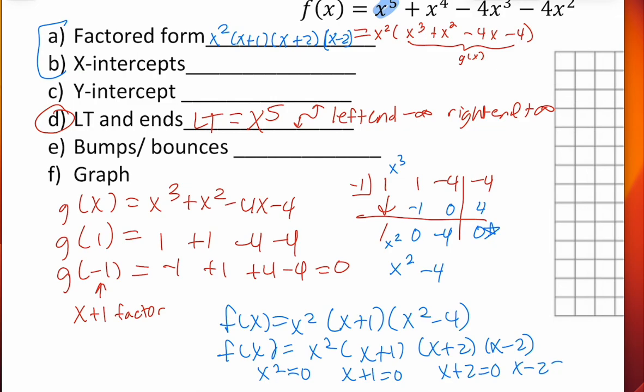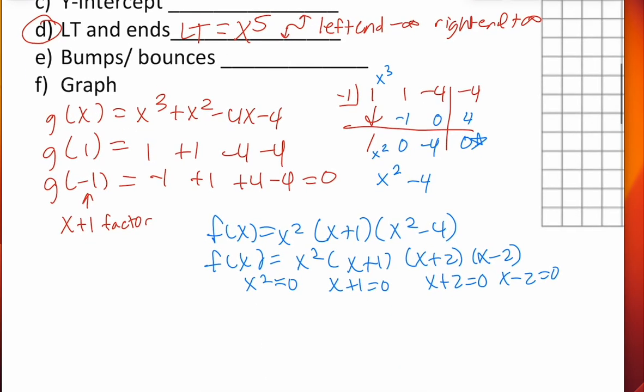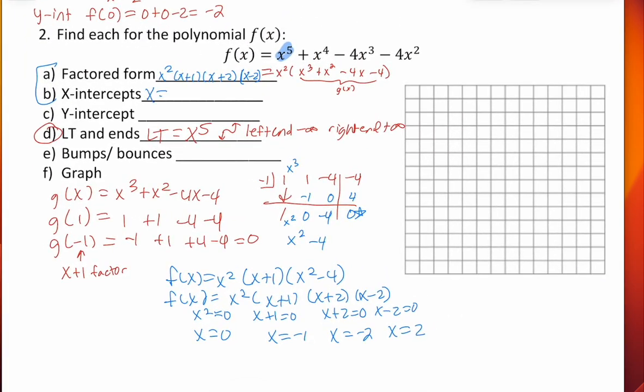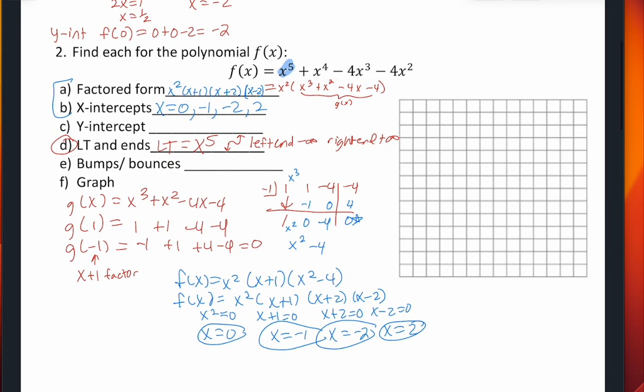Where is x minus 2 equal to 0? Where are all those things equal to 0? So we get 0, -1, -2, and 2. So put those on the list. Those are our x-intercepts where each factor equals 0.